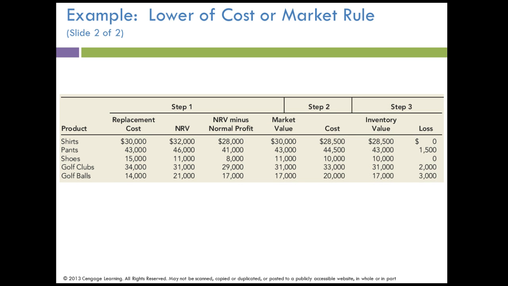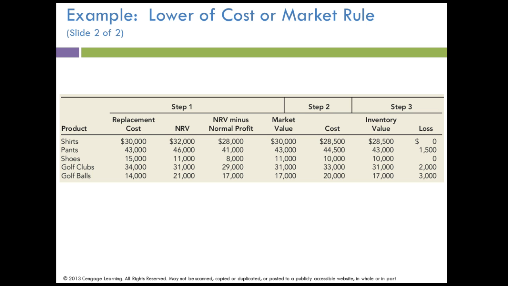If we look at these shirts, we show the replacement cost. That's higher than our cost. The net realizable value is higher than the replacement cost, but the net realizable value minus the normal profit is at $28,000. Our cost is at $28,500. So we're fine. We don't need to show a loss here.